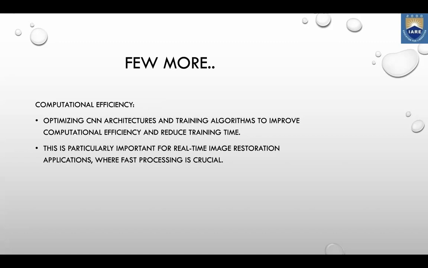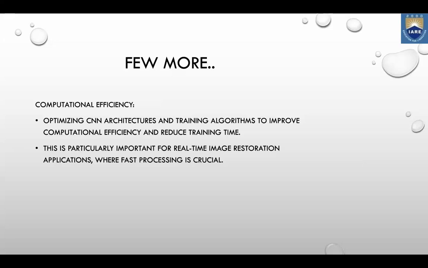This is particularly important for real world image restoration applications where fast processing is crucial. For example, in medical applications as well as in space applications, we require very fast processing. So this is where computational efficiency is a future challenge, which can reduce the training time.